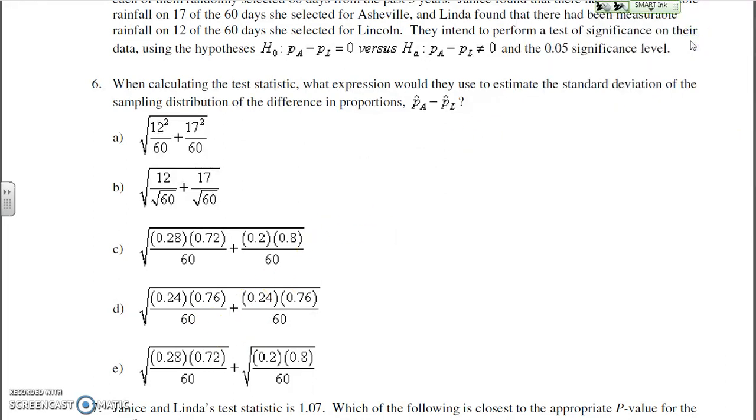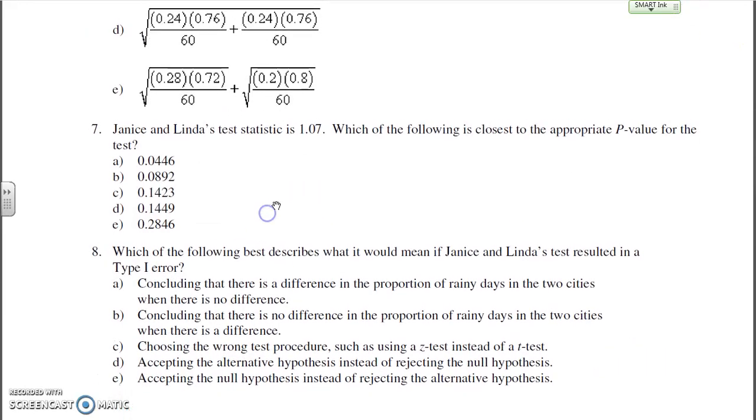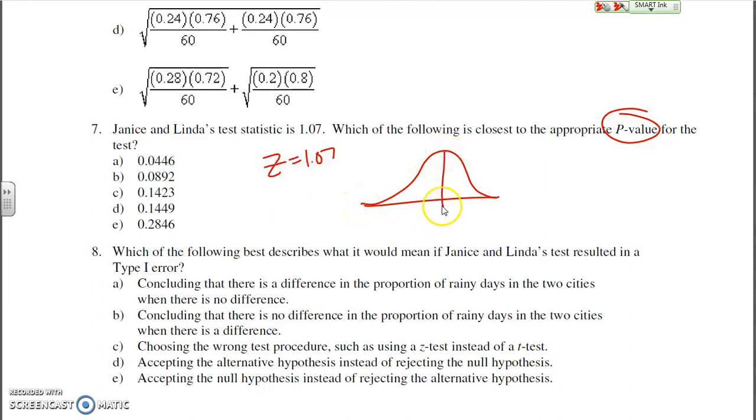All right, so moving on to question 7. Janice and Linda's test statistic was 1.07. So in other words, Z was 1.07. Which of the following is the closest p-value? Well, remember it was a two-sided test, so be careful. If you're looking at the picture, because we always make a picture, here's 0.